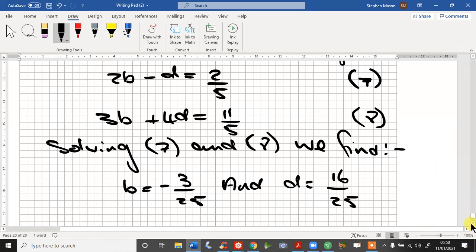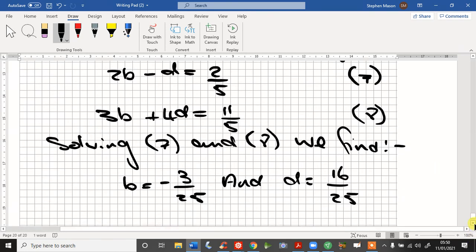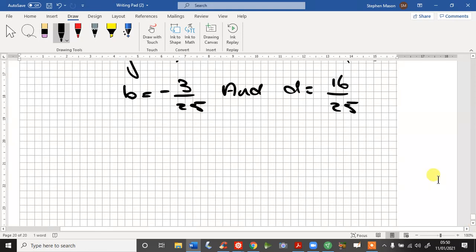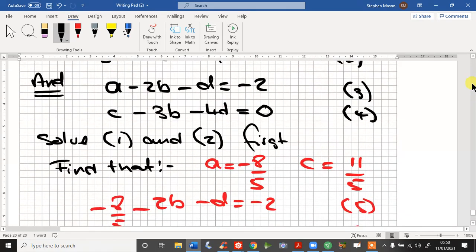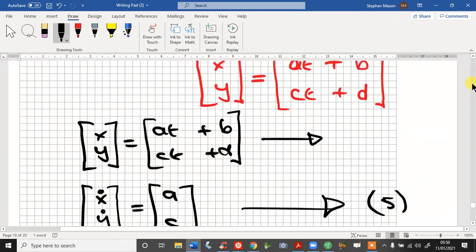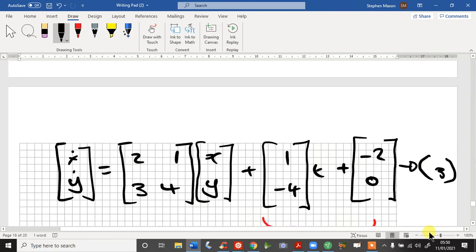Thus, we can write down, so if we just go back to, I think it was equation 3.